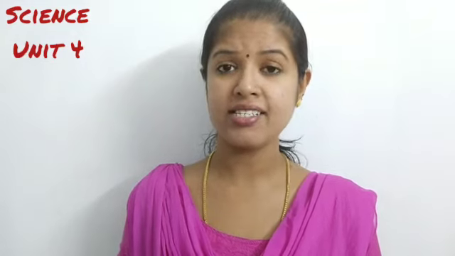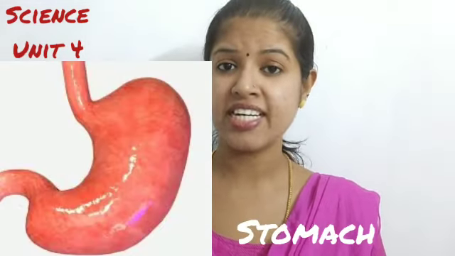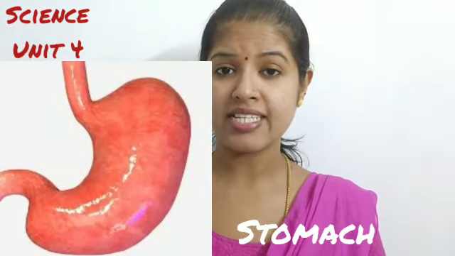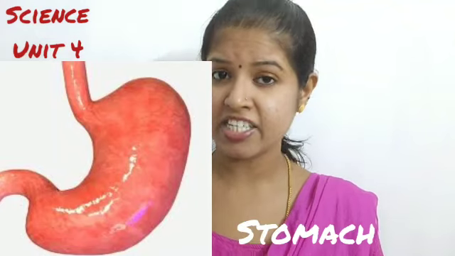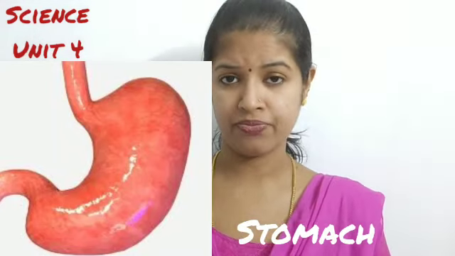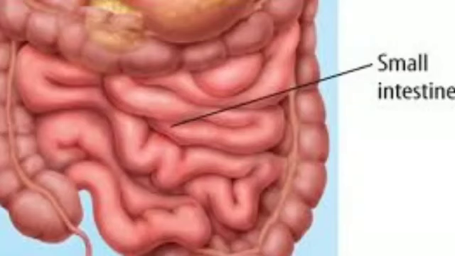So after passing through the esophagus, the food reaches the stomach where the digestion takes place with the help of some digestive juice. The stomach contains certain digestive juice which will help in the digestion of food. After that, it goes to the small intestine, which is the largest part of the alimentary canal.